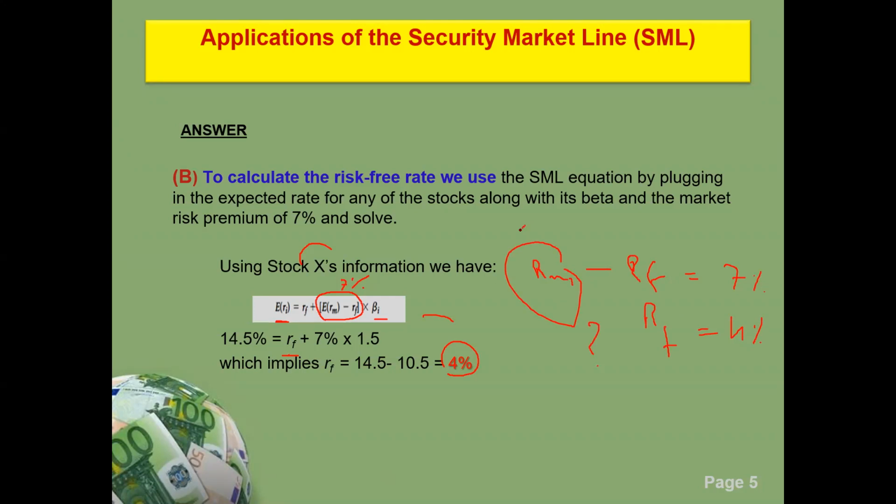RM minus RF is the risk premium. This is 7%, and RF is 4%, so RM is 11%. So any missing information, if we have some information, we can find using the capital asset pricing model. This is one application of the security market line.